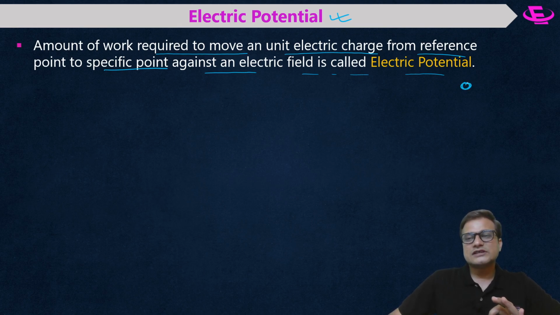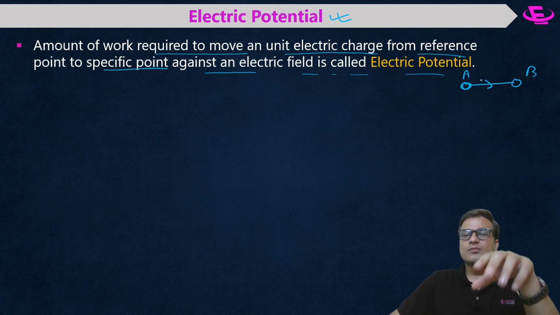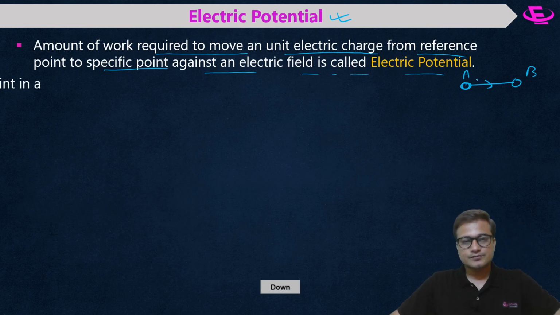Suppose this is your 1 coulomb charge. Now you are moving this charge from point A to a specific point B, against the electric field, that means the direction of the electric field is opposite to this movement. Then the work done on this charge is called electric potential.